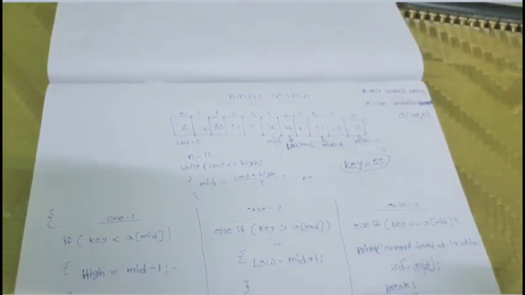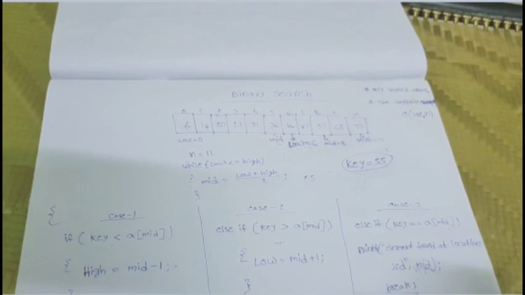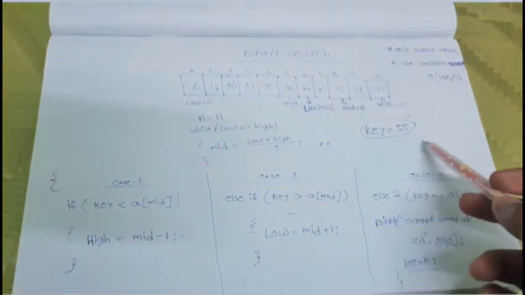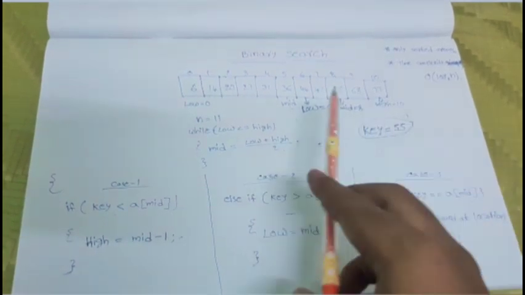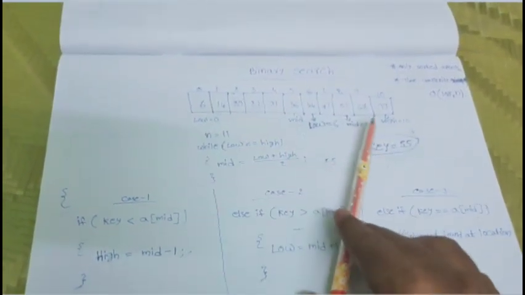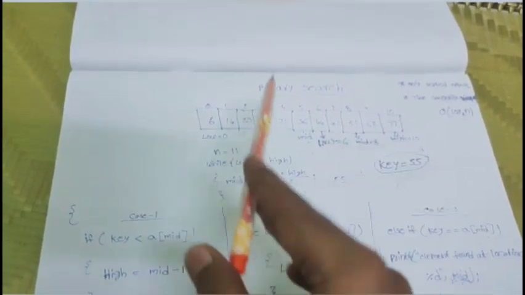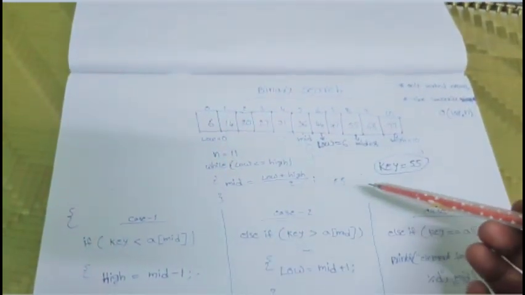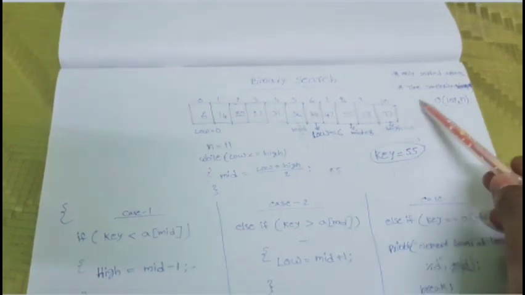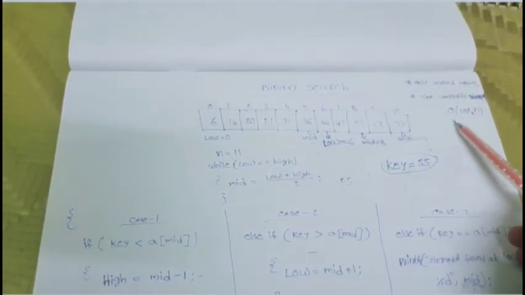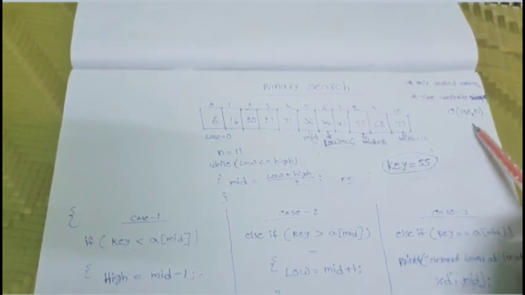It will come out of the program. So to find the key value, every time we are making our array into half. Again we are making our array into half size. So the time complexity of this binary search is big O of log n base 2.